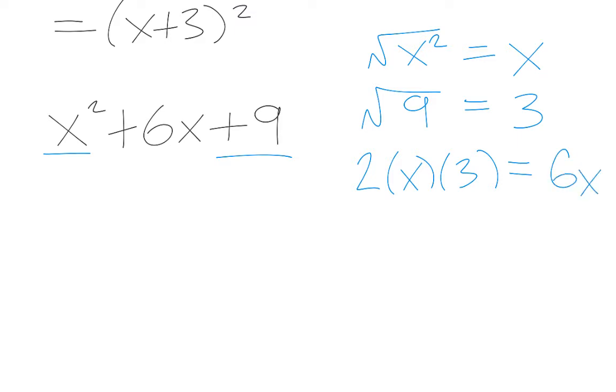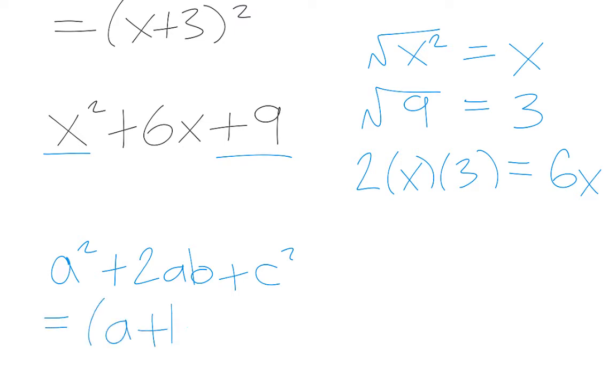And guess what? It is. This means you have a perfect square trinomial. This is the shortcut you learned previously: a squared plus 2ab plus b squared, when factored, is equal to a plus b, squared.